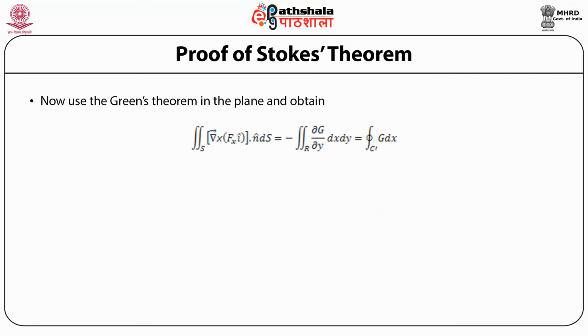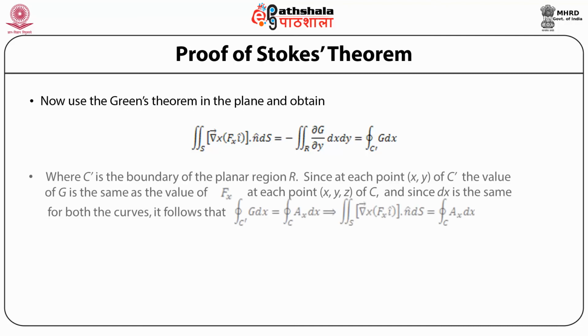Now we use Green's theorem in the plane and obtain that this equals the line integral over the closed loop C' of g dx, where C' is the boundary of the planar region R.